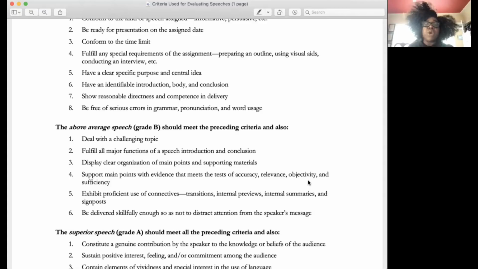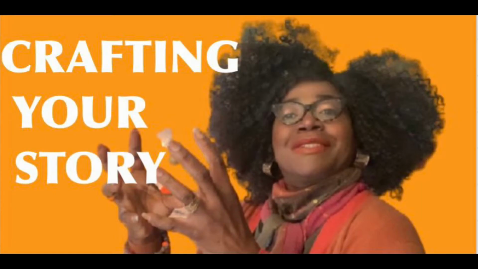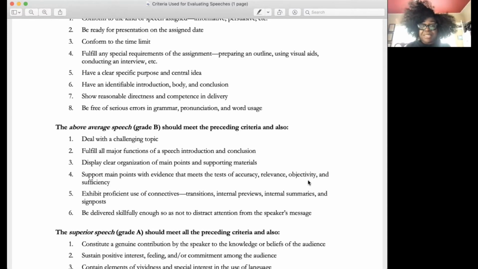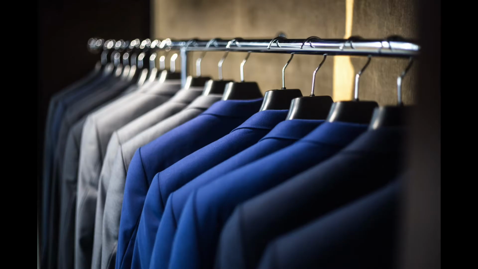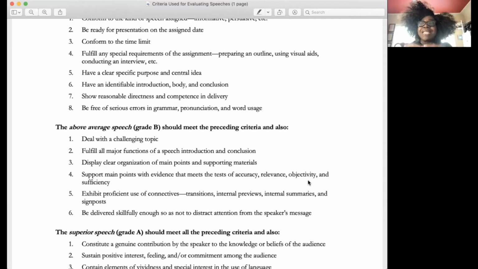Or you may have to do an extended definition, or give an extended example, or use narration, or do comparison and contrast. But it has to be clearly organized, and the method of organization needs to not be the simplistic way of giving examples.